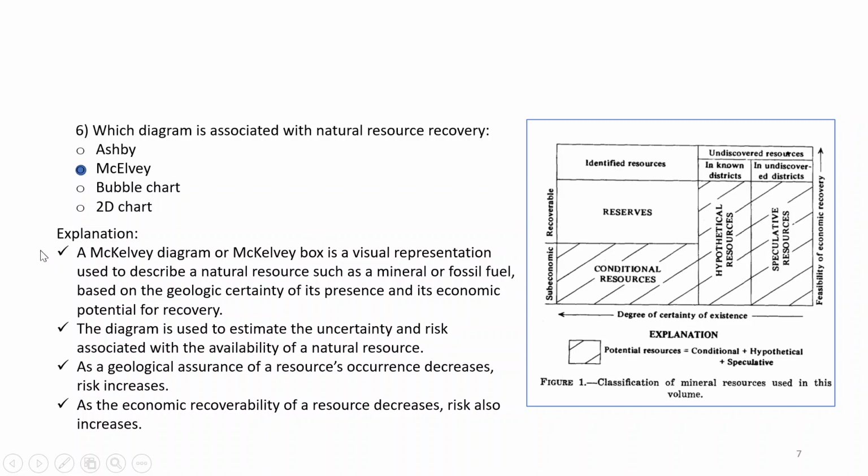A McKelvey diagram or McKelvey box is a visual representation used to describe a natural resource such as a mineral or fossil fuel based on the geologic certainty of its presence and its economic potential for recovery. The diagram is used to estimate the uncertainty and risk associated with the availability of a natural resource. As the geological assurance of a resource occurrence decreases, the risk increases, and as the economic recoverability of a resource decreases, risk also increases.